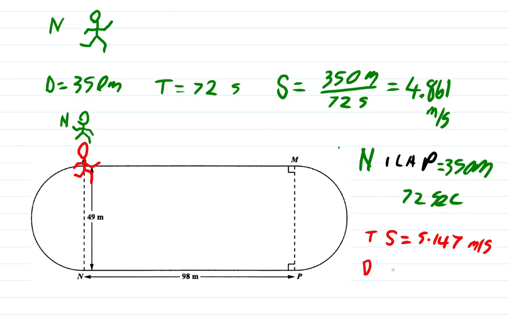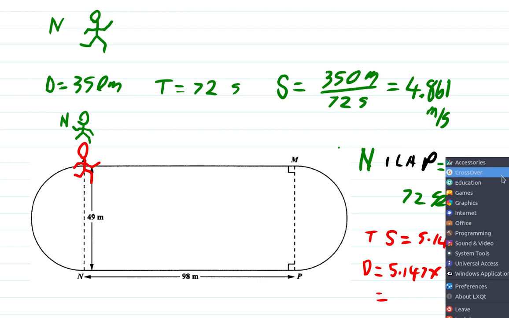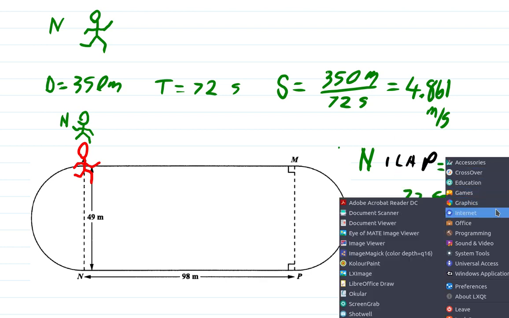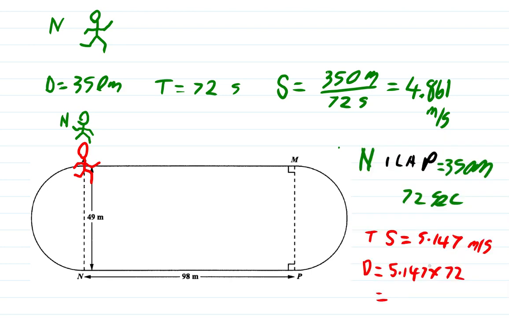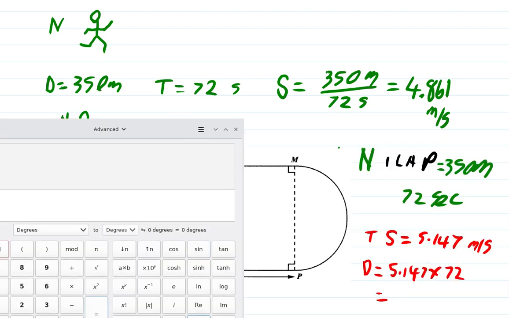The distance Tafari would run is speed 5.147 times the time of 72 seconds. We know that Nathan's distance is 350 meters, but where is Tafari when Nathan does 1 lap?